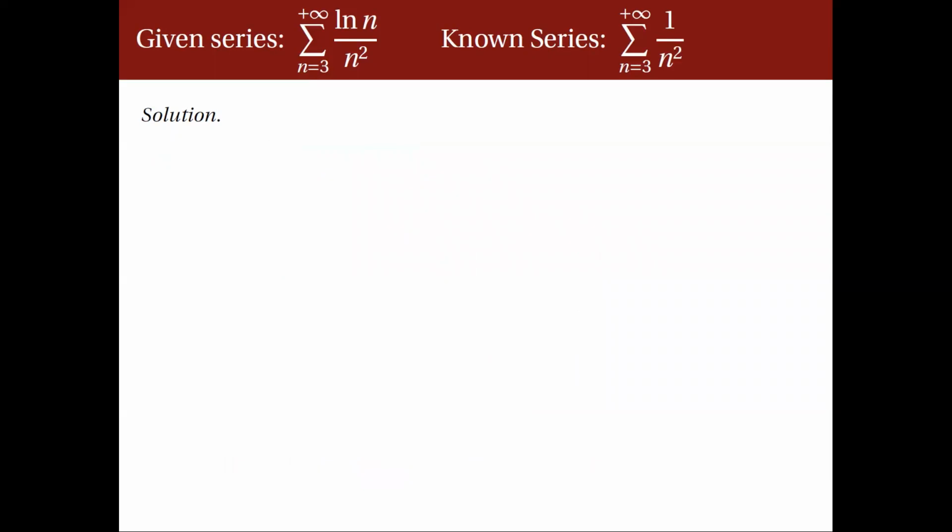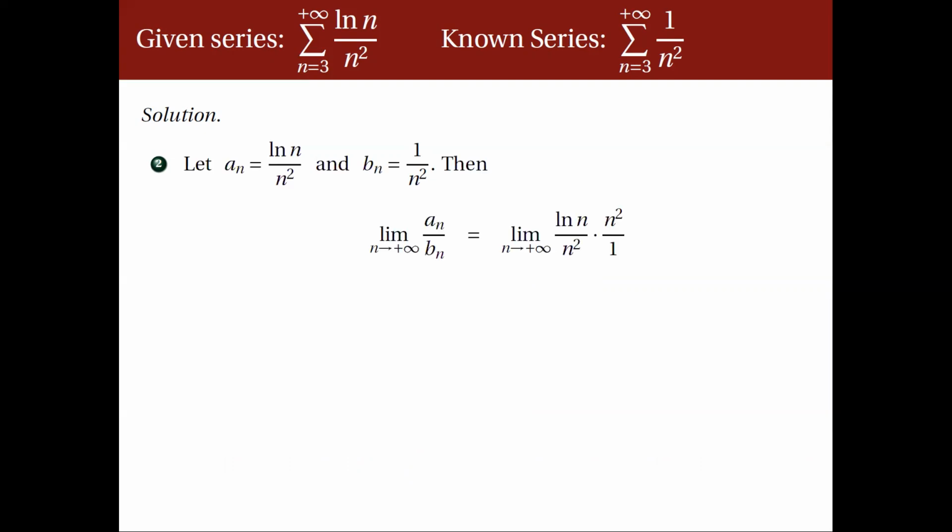For item number 2, we let a sub n to be ln n over n squared and b sub n to be 1 over n squared. Kaya ang limit ng a sub n over b sub n ay equal lang sa limit ng ln n. Alam natin, as n goes to infinity, ang ln n papunta rin lamang sa infinity.